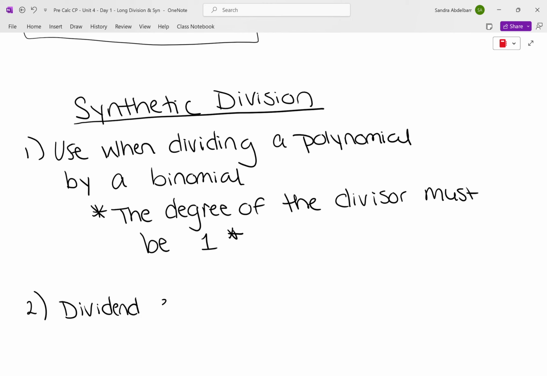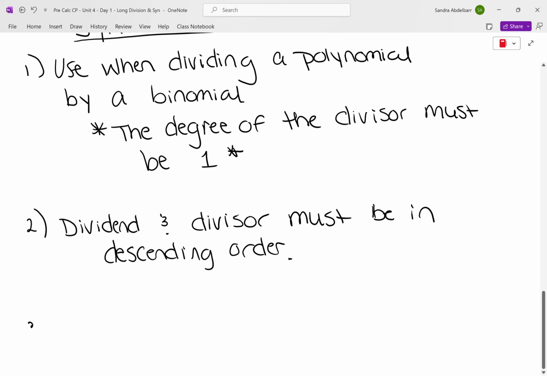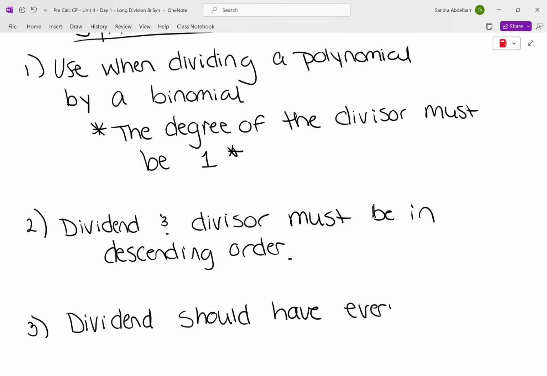Okay. The dividend and divisor must be in descending order. Number 3, the dividend should have every exponent accounted for.